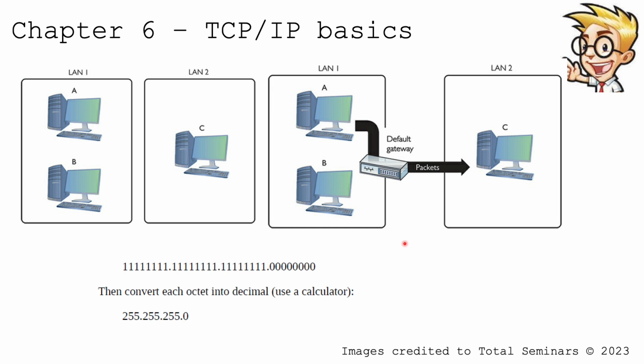Okay, so we already learned binary. This is a binary string you're going to see a lot as a network technician. So if I fill up all the binaries and there's nothing left, what number is that? That would be 255. 255 is generally reserved for the broadcast address, and 0 is reserved for the network ID.